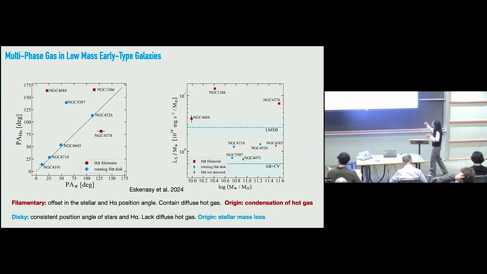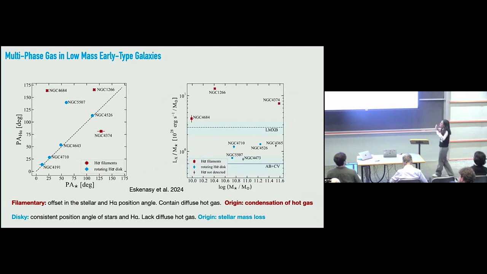Very interestingly, Ryan found that the ones with filaments look like cool core clusters, and they have excess X-ray luminosity. And the others show disk structures. Their disk is kinematically and highly correlated with the stellar component.